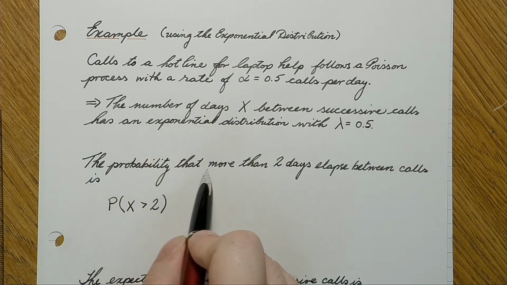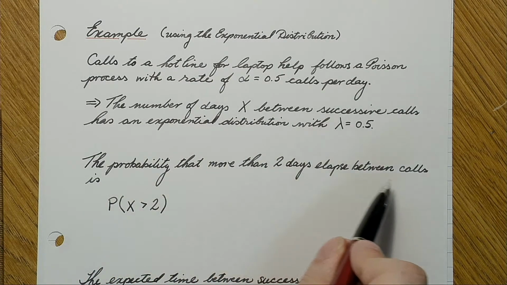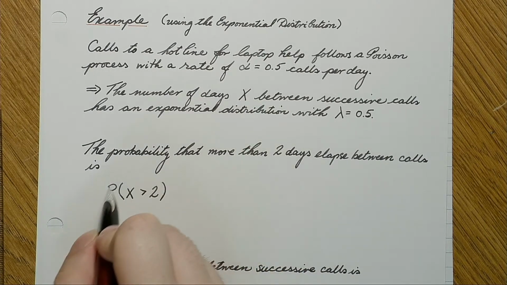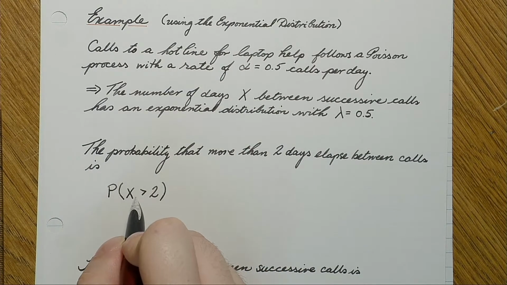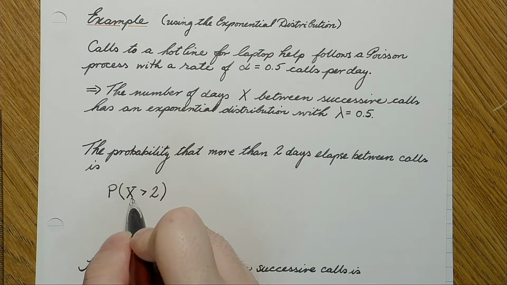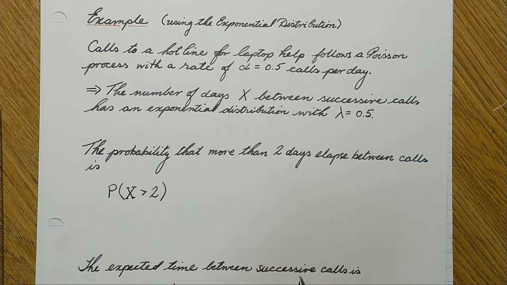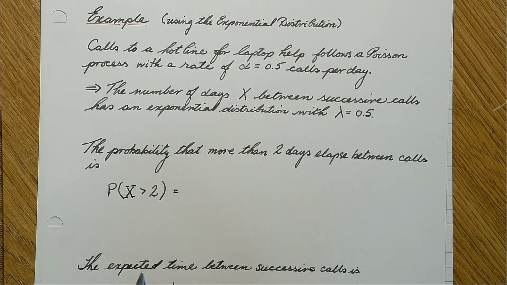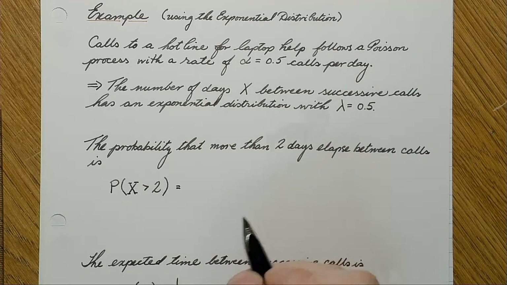The probability that more than 2 days elapse between calls is, so we can write this as the probability of our random variable x, so x is the number of days. And how can we do this?